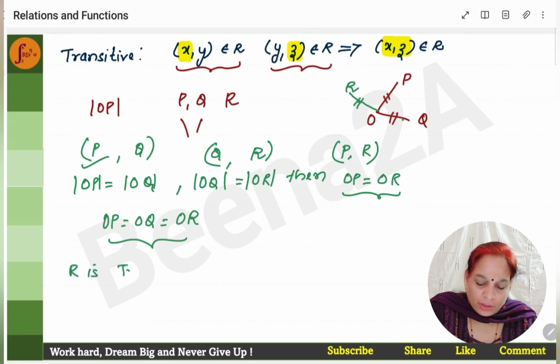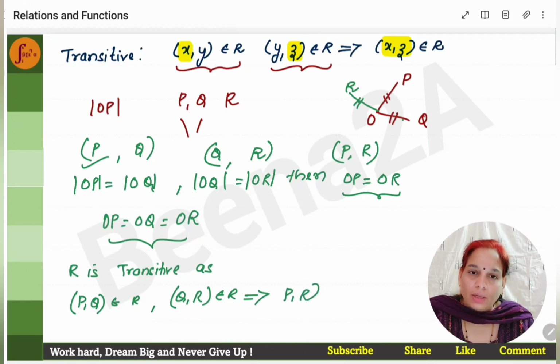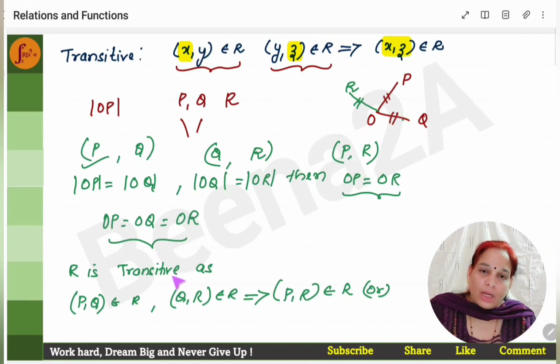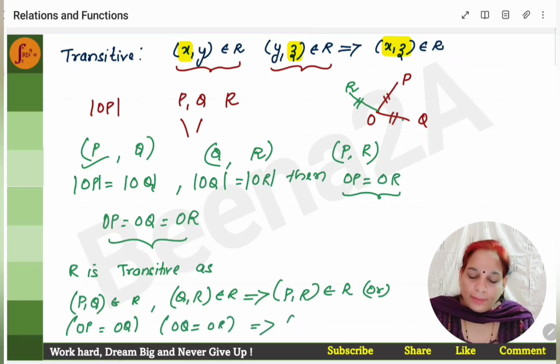R is transitive, as you can say in two ways: PQ belongs to R and QR belongs to R implies that PR belongs to R, or I can write it as R is transitive as OP is equal to OQ, OQ is equal to OR implies that OP is equal to OR.